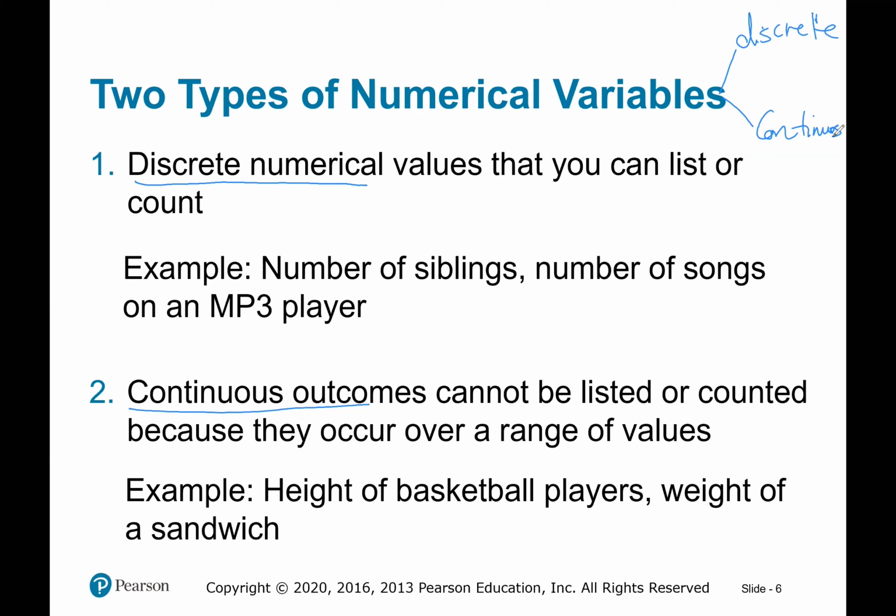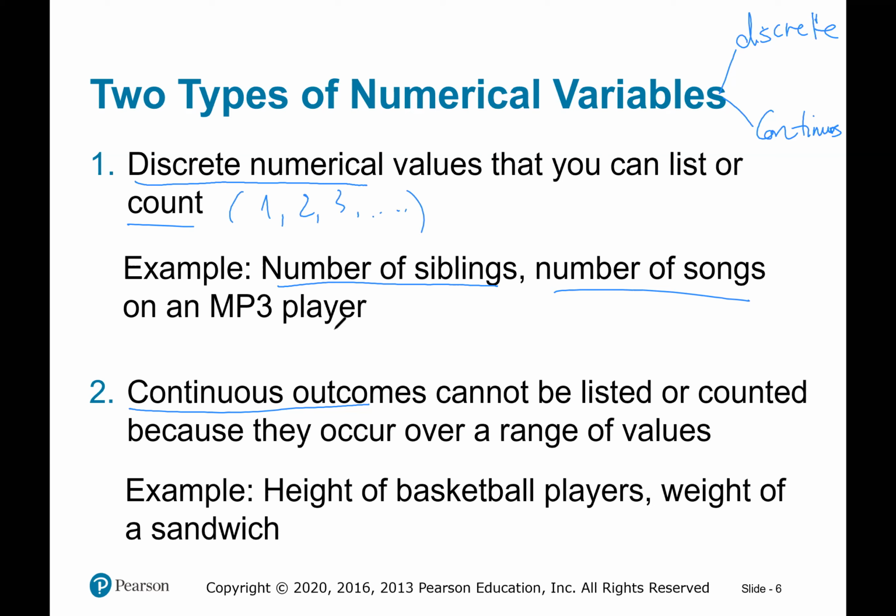However, discrete numerical values are values that you can list or count, such as 1, 2, 3, 4, 5, something like that, right? Let's have some examples, such as the number of siblings, or the number of songs on an MP3 player.